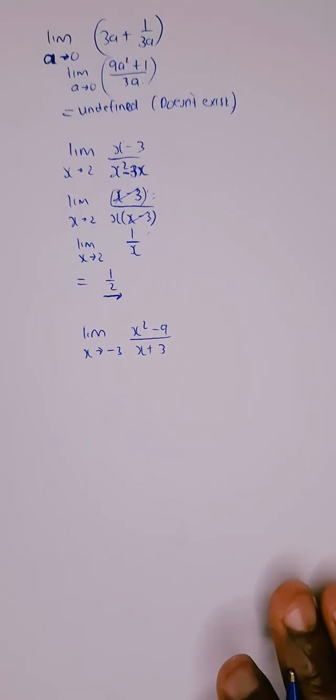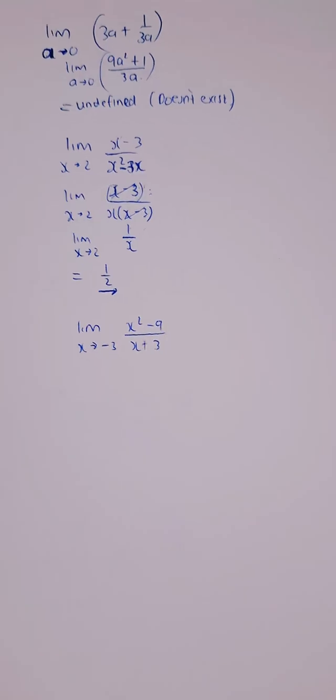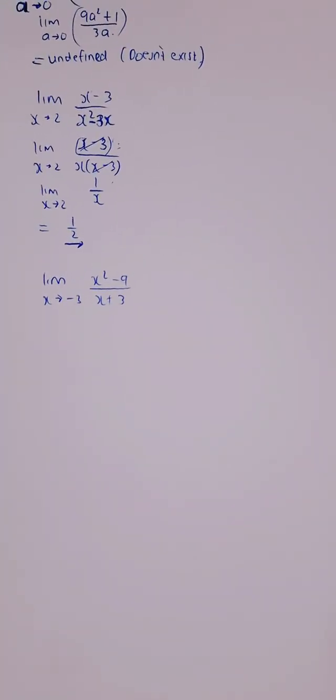Limit of x squared minus 9 over x plus 3 as x tends towards negative 3. Boom, boom, boom. Is the mathing, guys?